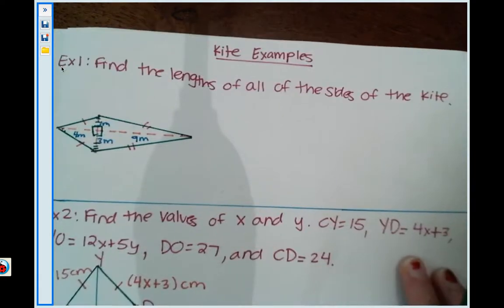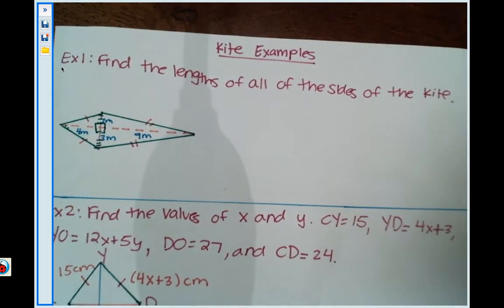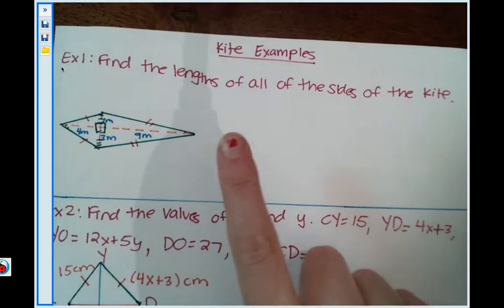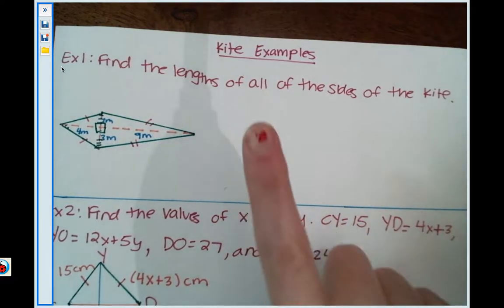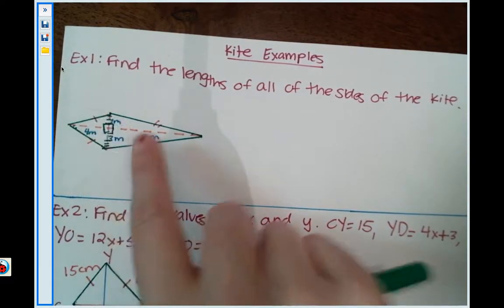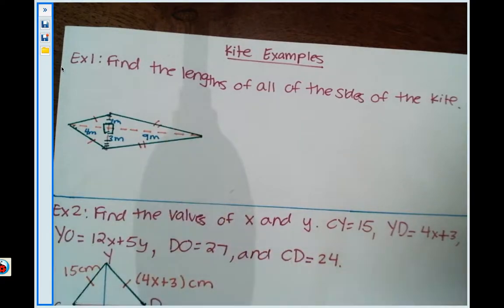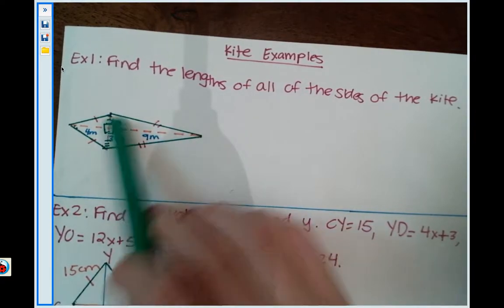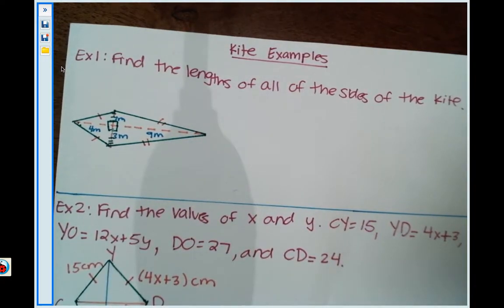Do you have an idea or a hunch as to how we might be able to get there? Don't forget, sometimes we don't have enough information with the properties, but sometimes there are shapes within the figure that might help us find the side lengths. Do you see any nifty shapes inside of my lovely kite? There are 4 triangles. Do you see them?